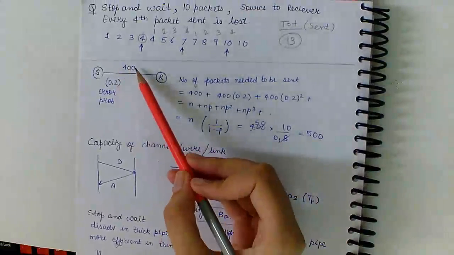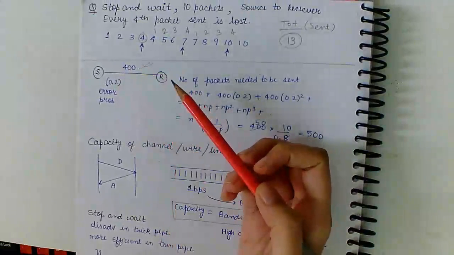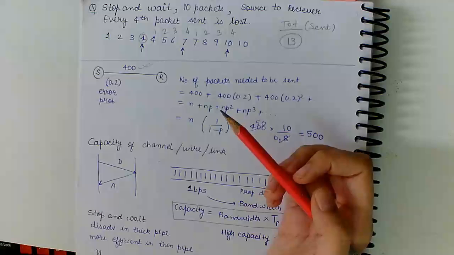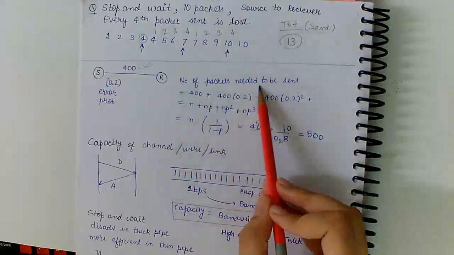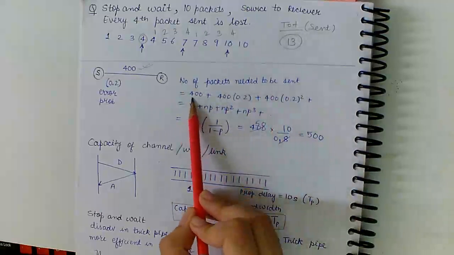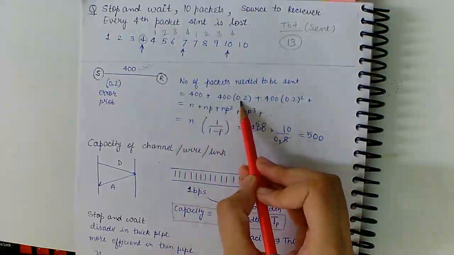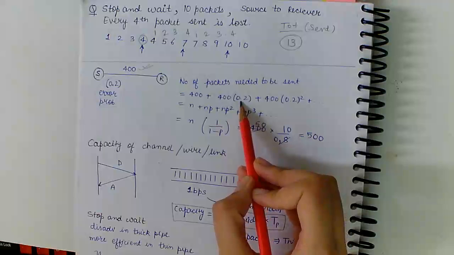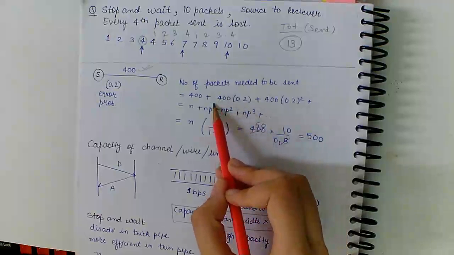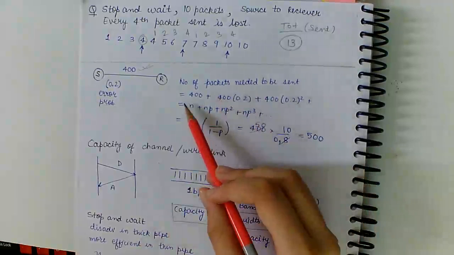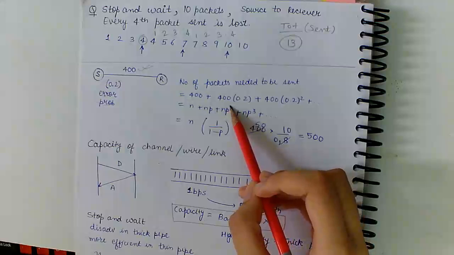In this we have been given a total 400 as the number of frames to be sent, and 0.2 is the error probability. So the number of packets needed to be sent are 400, plus we have to send 0.2 of 400 as they were not sent before.